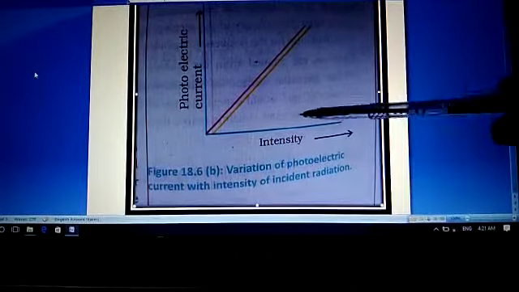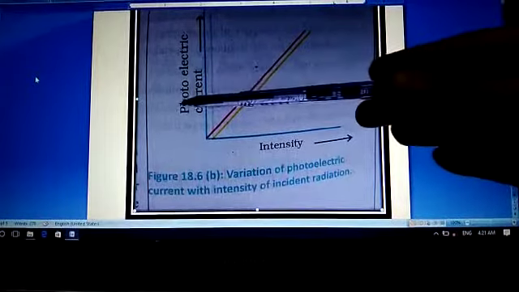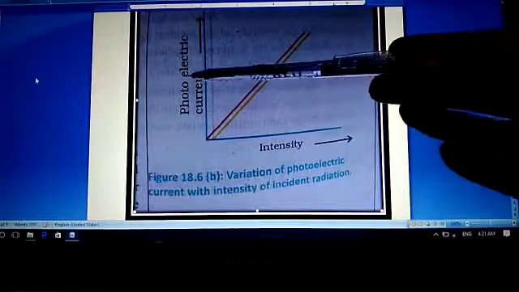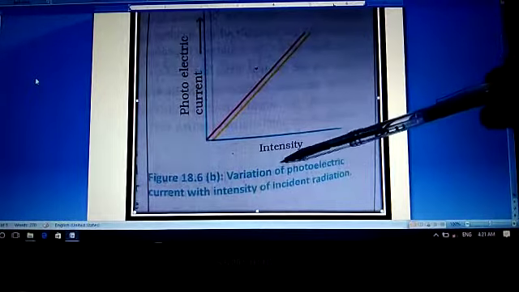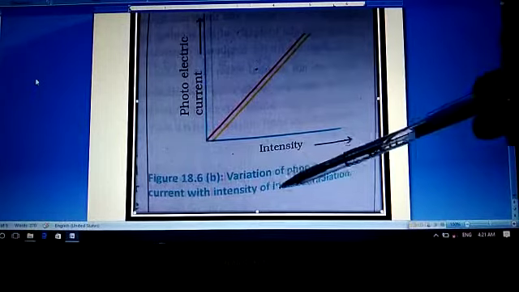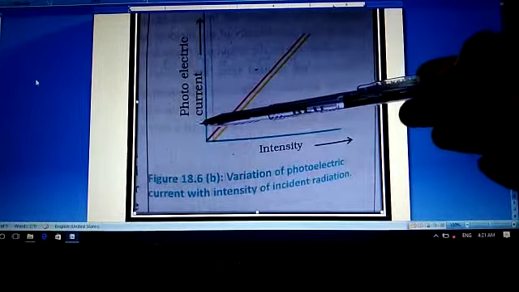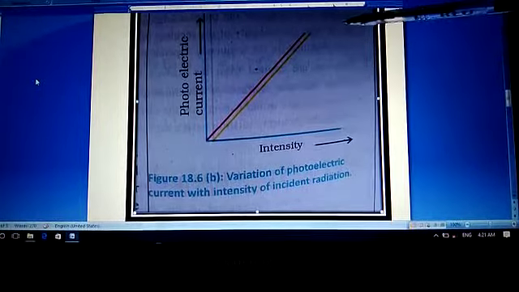Here on the x-axis we plot the intensity, and on the y-axis we plot the photoelectric current. You know that on the x-axis we plot the quantity which is independent, and on the vertical axis we plot the quantity which depends upon it. Here the photocurrent depends upon the intensity. So if we plot the graph between photocurrent and intensity, we get a linear graph.